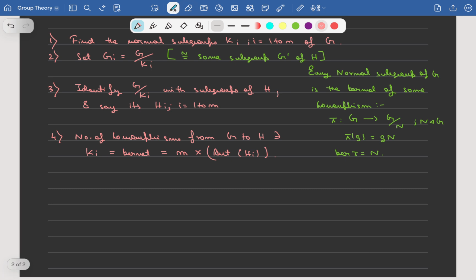So this gives you typically the number of homomorphisms from G to H with, obviously, kernel Ki. So in some sense, step 5, the total number of homomorphisms equals the summation of all these possible elements, times the order of the automorphisms of Hi and whatever number of things you have got.